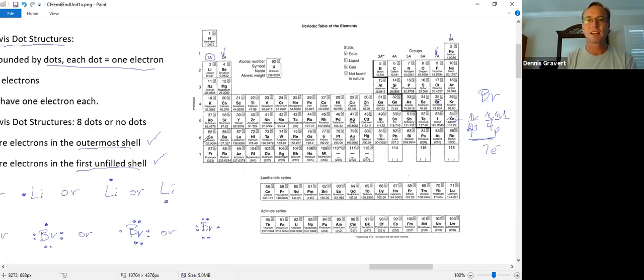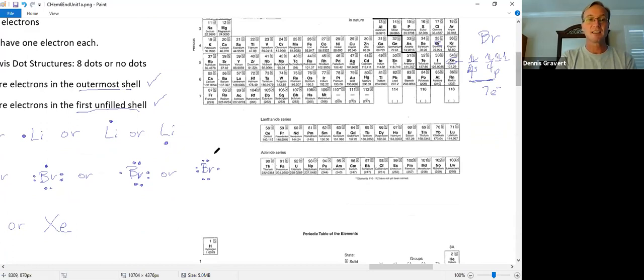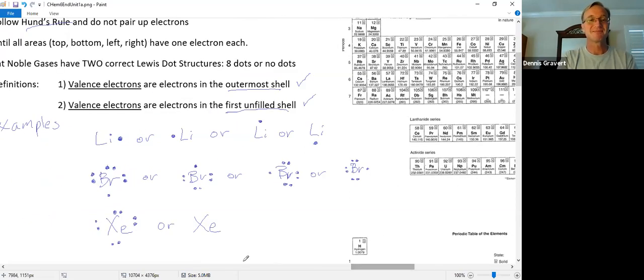That one's not filled yet. There are no electrons there. So that's why the Lewis dot structure for xenon can be just the chemical symbol by itself, saying the first unfilled shell doesn't have any electrons in it. Okay, that's going to be useful. So these two are legal structures.